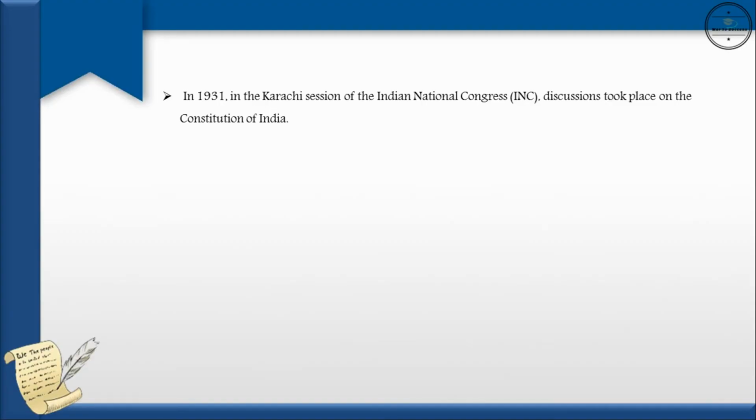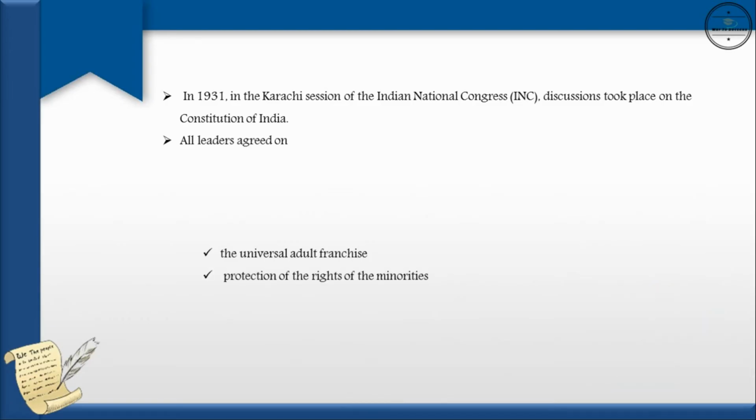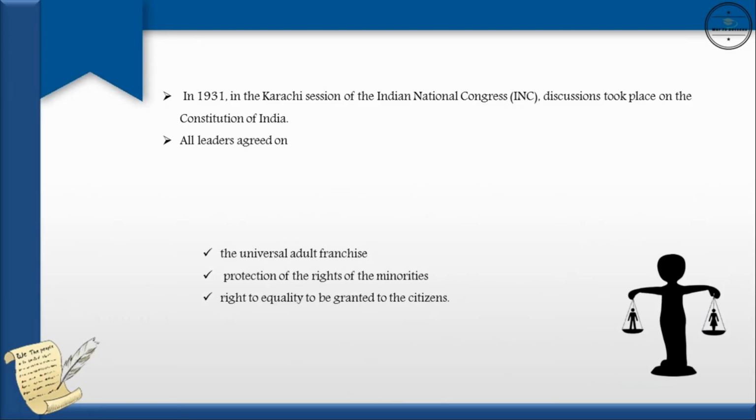In 1931, in the Karachi session of the Indian National Congress, discussions took place on the Constitution of India. All leaders agreed on the universal adult franchise, protection of the rights of the minorities, and right to equality to be granted to the citizens.